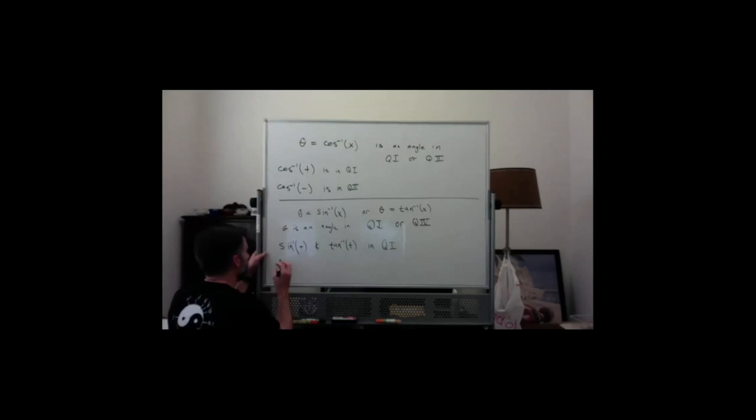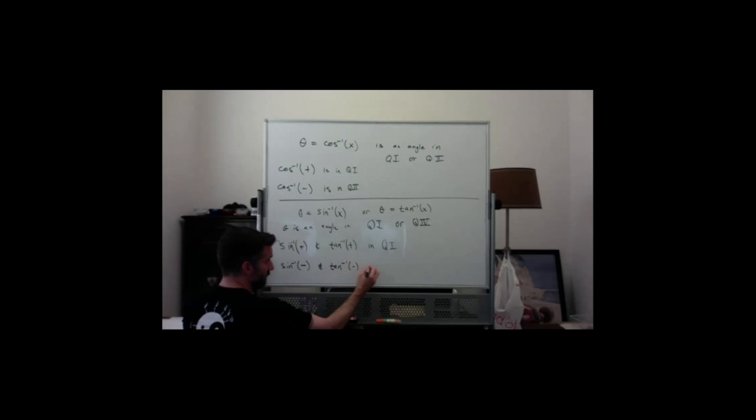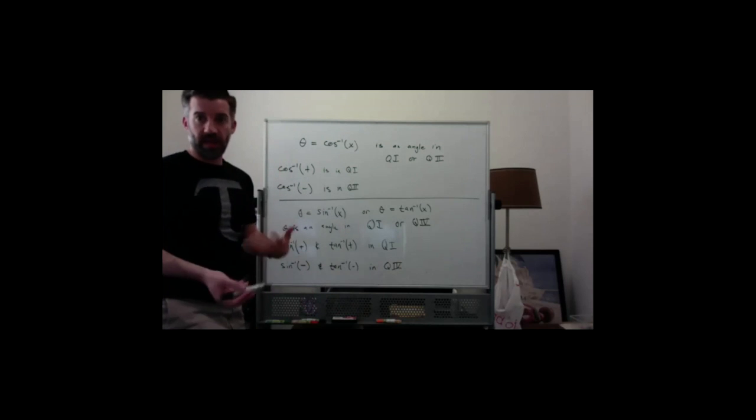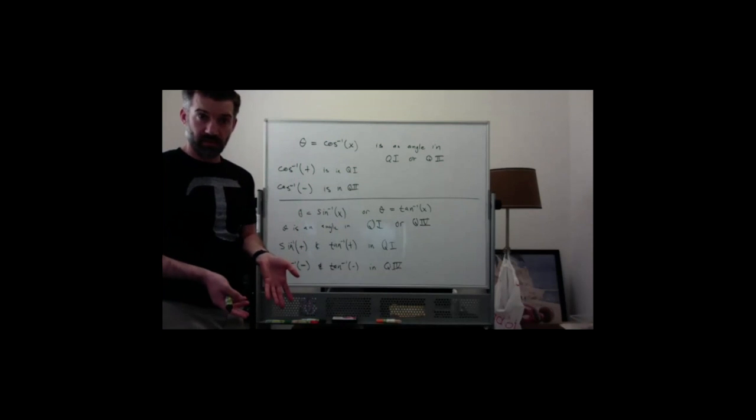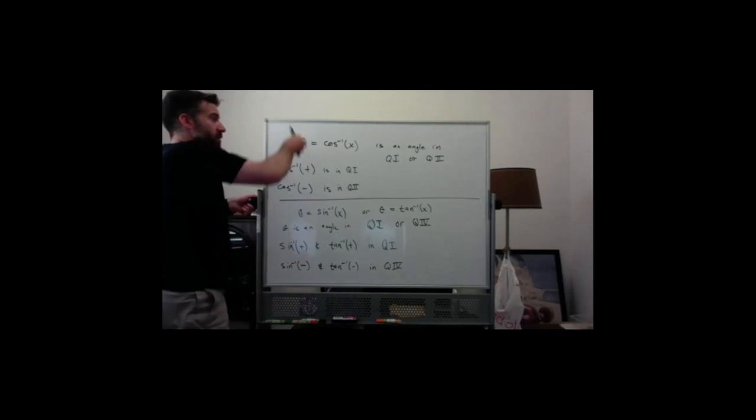And inverse sine of a negative value or inverse tangent of a negative value gives us an angle in quadrant 4. Because sine of an angle in quadrant 4 is negative, and because tangent of an angle in quadrant 4 is negative. So back to the other side.